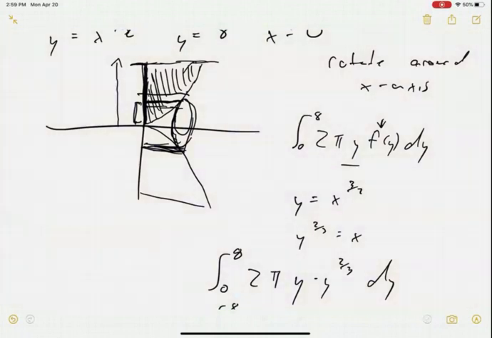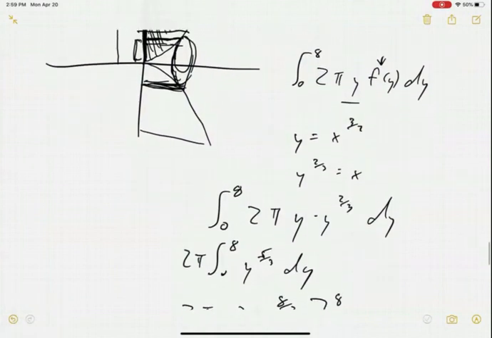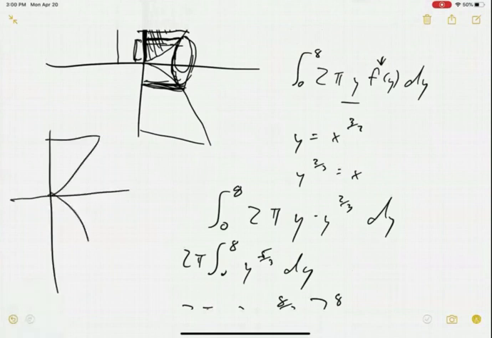So looking at this, if we had our same region, let's see if anything goes wrong. Okay, we have this region. If we tried to do discs and washers, our outer radius would be this thing, so that's fine. Inner radius would be this.